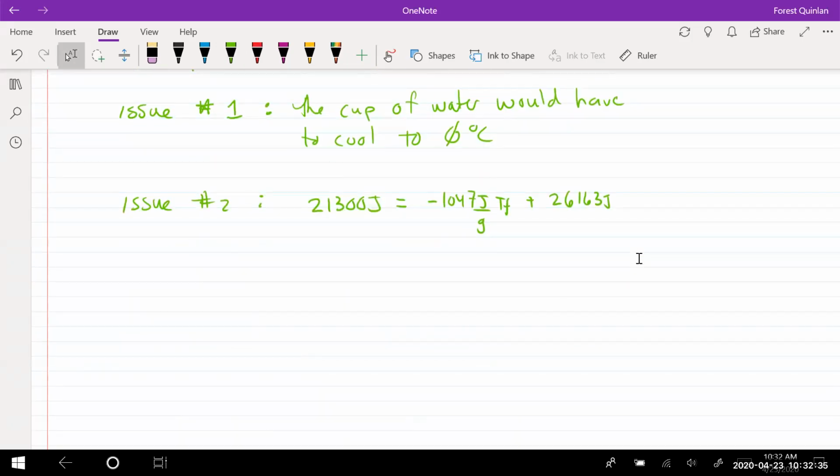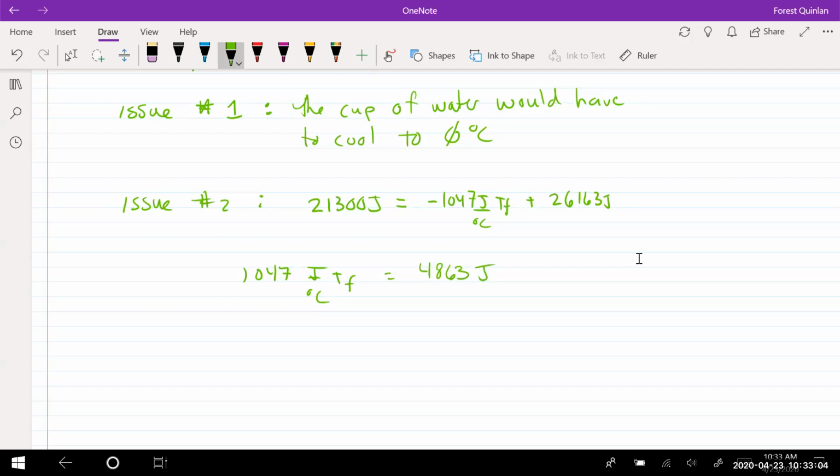Now, if we subtract those over, I get the 1047 joules per gram degrees Celsius times my temperature. And subtract those over, Dallas, what do you get? The 26 and the 21? 4,863.